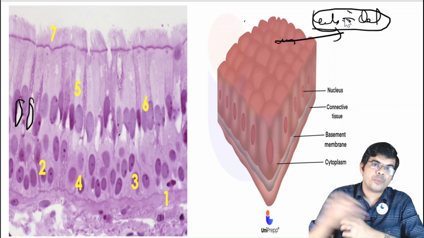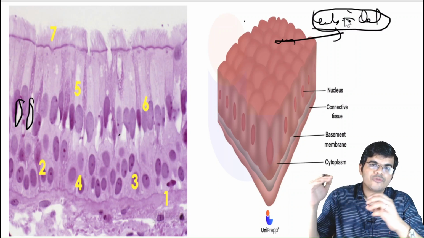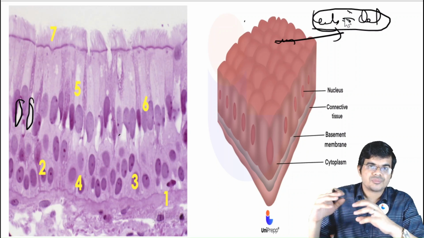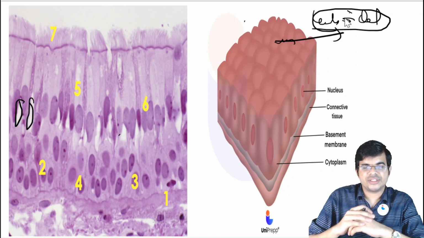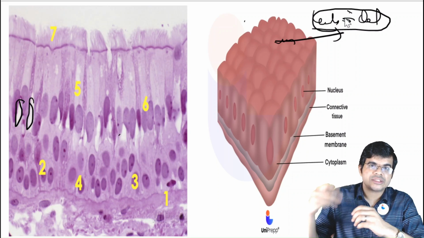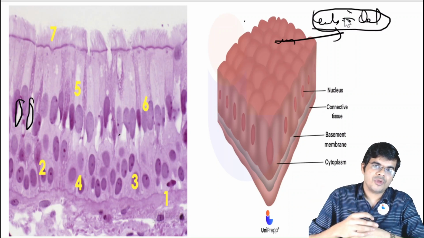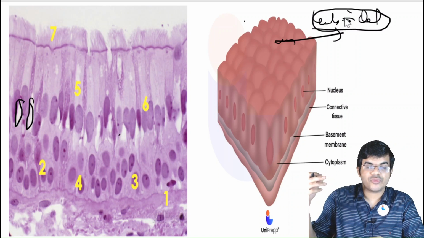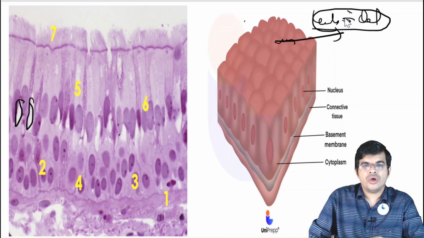It is seen covering the promontory, and because of the single layer of cuboidal epithelium over the promontory, it will appear ivory white. And yes, when there is a congestion in that area, it can be easily seen. For example, the Schwartze sign in active otosclerosis is seen easily because of that cuboidal epithelium.